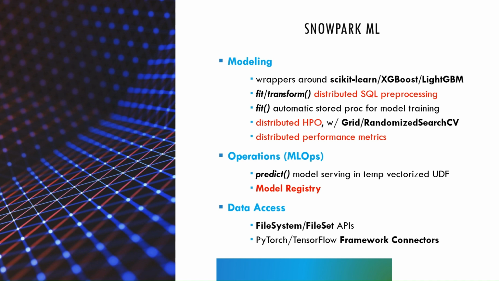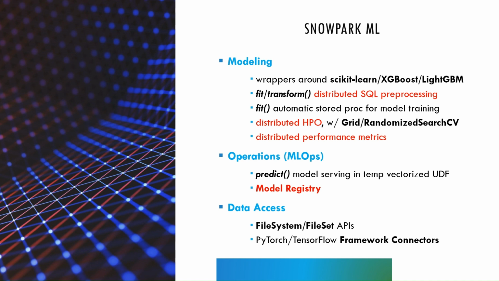At the modeling level, Snowflake created wrappers around these three major open source data science libraries: scikit-learn, XGBoost, and LightGBM. As you can see, the last two are for gradient boosting. So that's a major technique used all over the place in Snowflake.